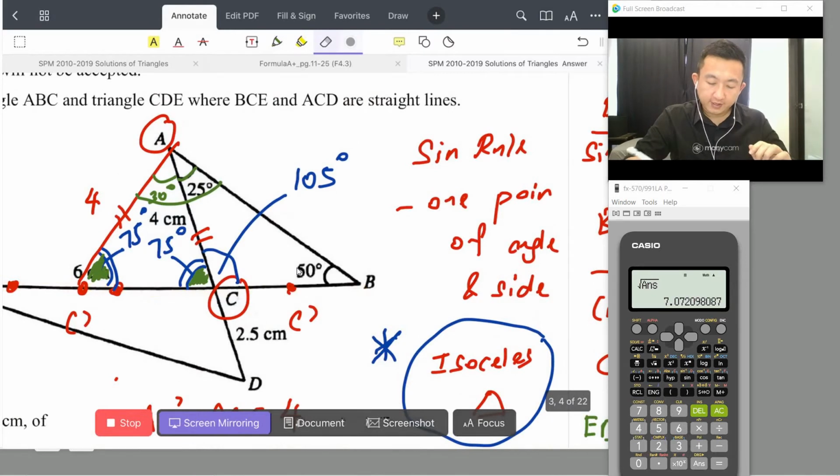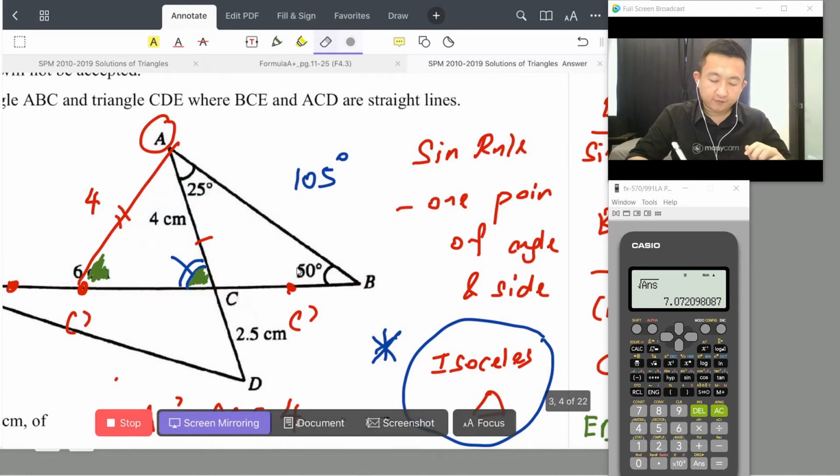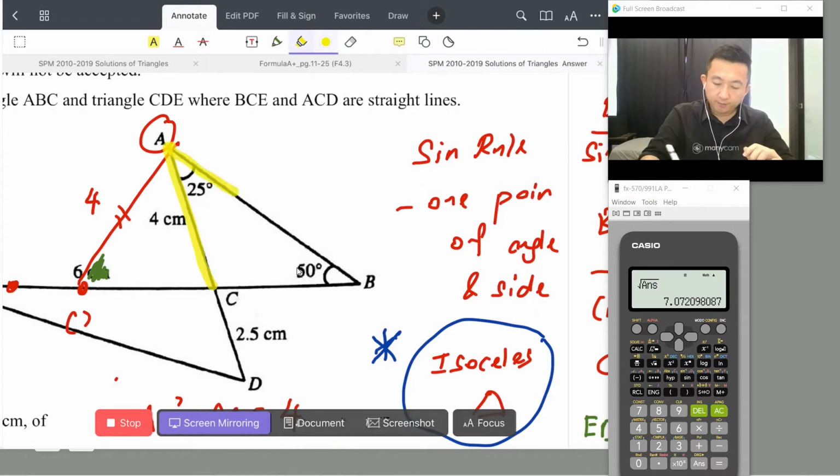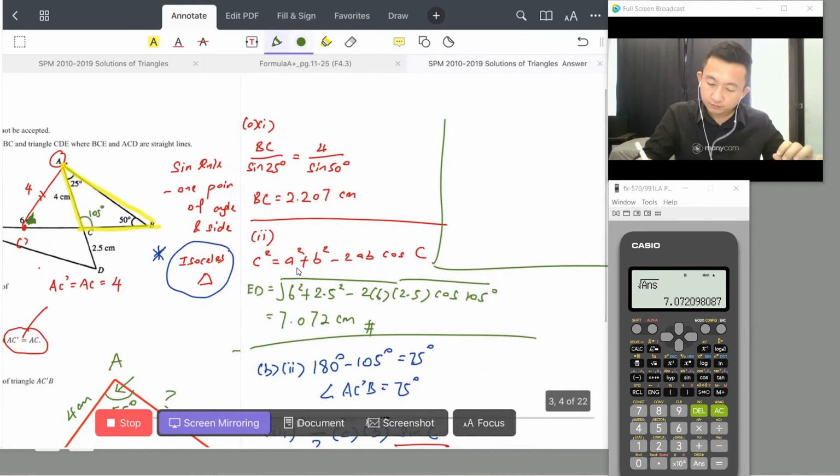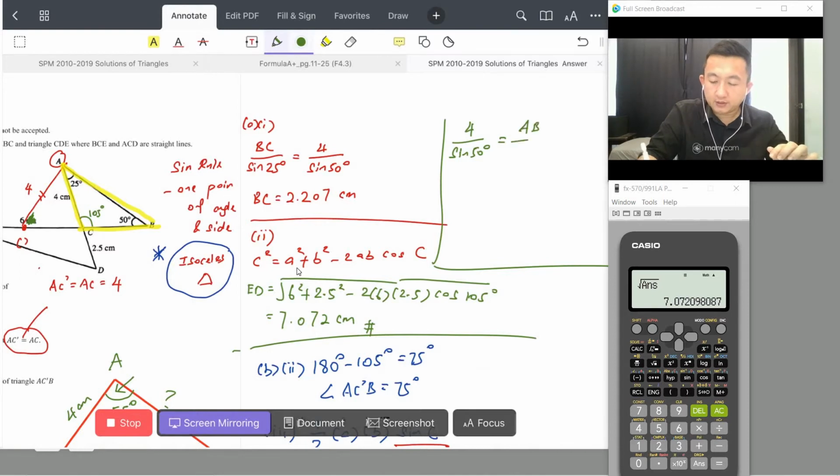To find that, we can have a look at the triangle ABC. So this is 105, this is 4. So we can use the sine rule. 4 over sine 50 equals AB over sine 105.